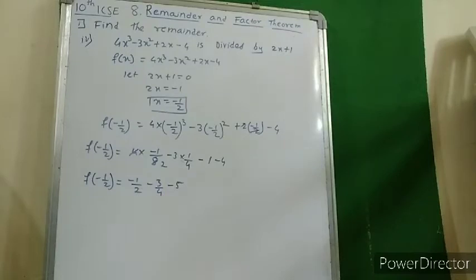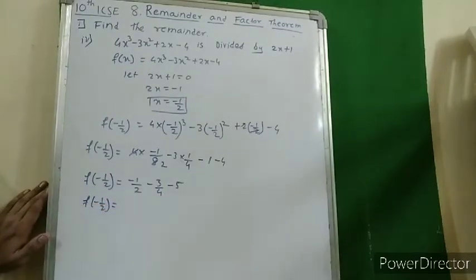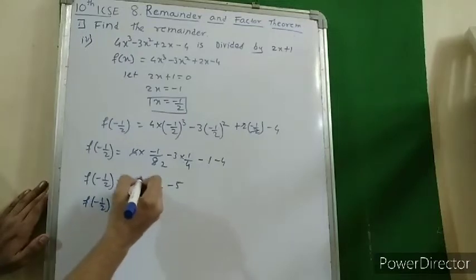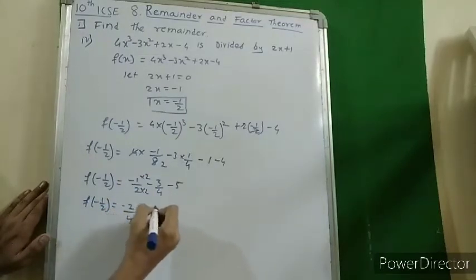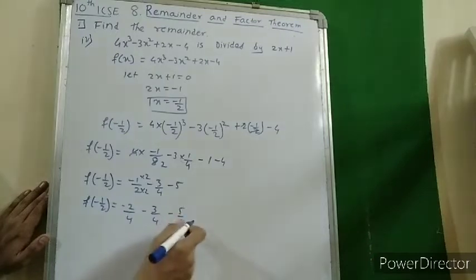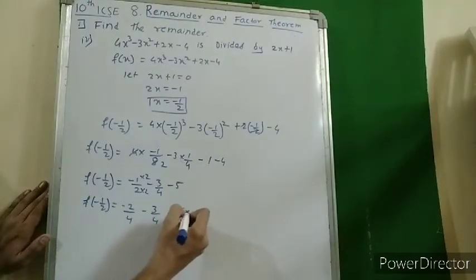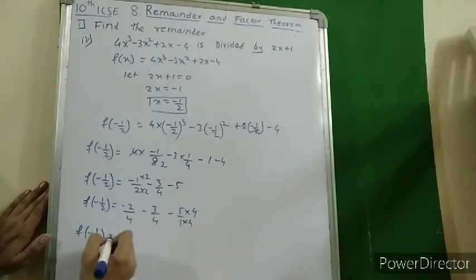So function of minus 1 upon 2 is equal to, I'll multiply by 2 over here, so I'll have minus 2 upon 4, minus 3 upon 4, and minus 5 upon 1. Here also, if I want to bring 4, I will multiply by 4. So we have the same denominator for all.